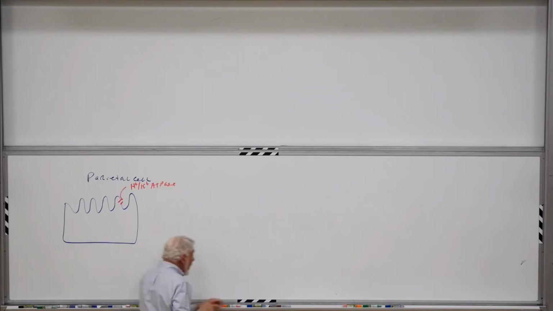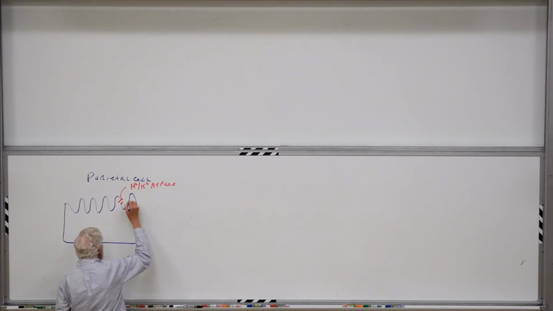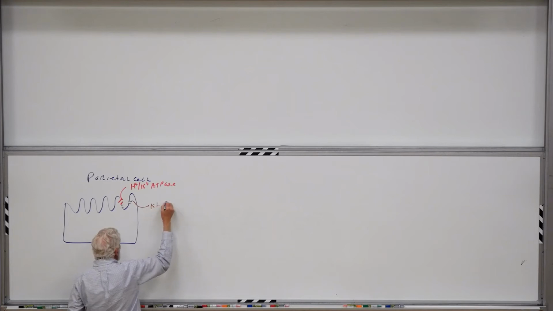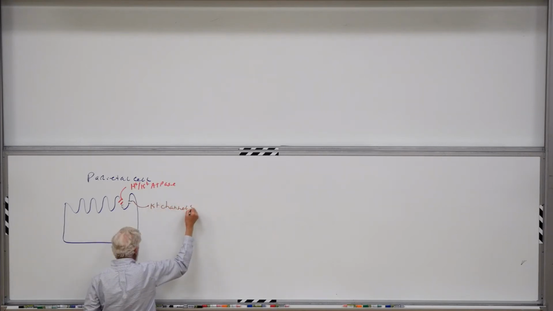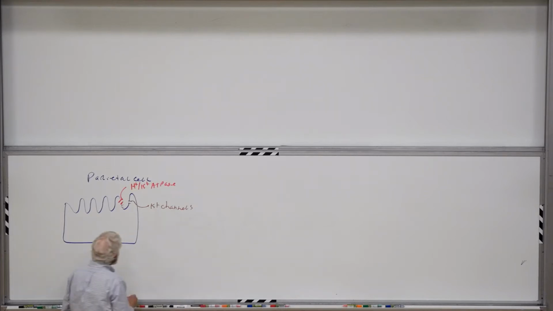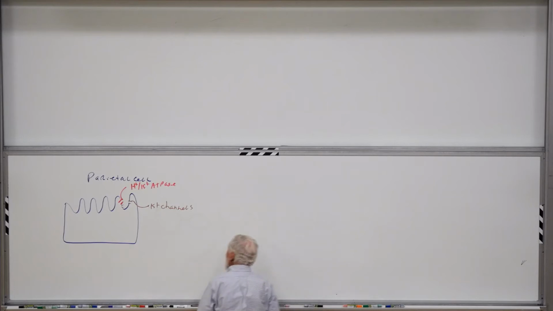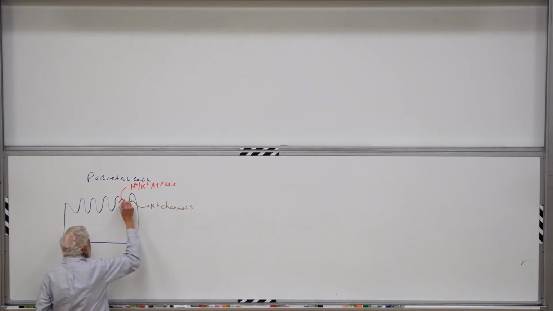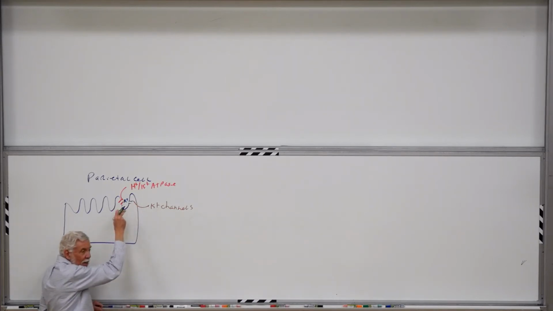We said accompanying those proteins out of the apical membrane in these blind alleys of membrane were potassium channels. And we talked about the idea that the potassium channels would simply permit the potassium to run down its concentration gradient and end up in this blind alley.